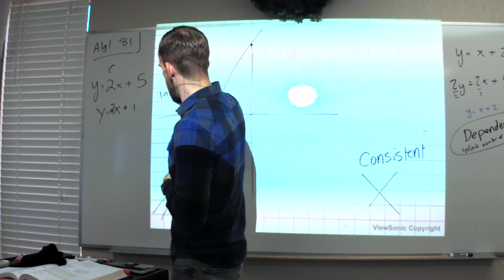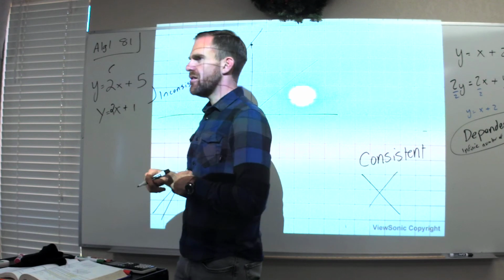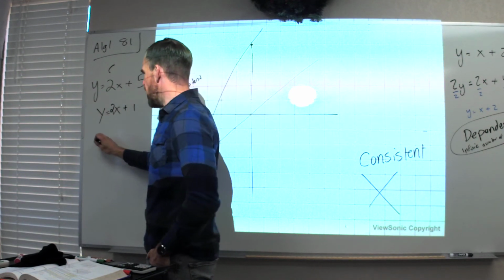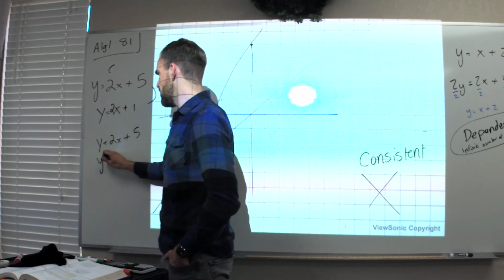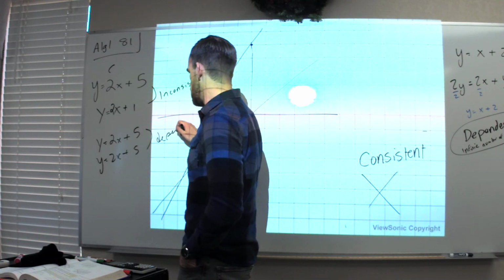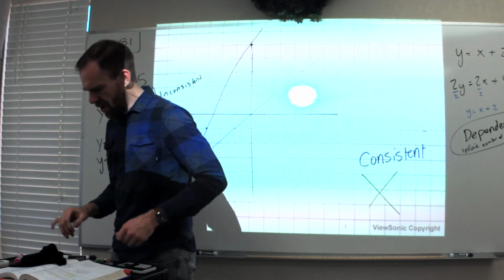Inconsistent. If the y-intercept is different, but the slope is the same, you have inconsistent. If the y-intercept is the same and the slope is the same, you have dependent. But it only works if you have it in slope-intercept form.